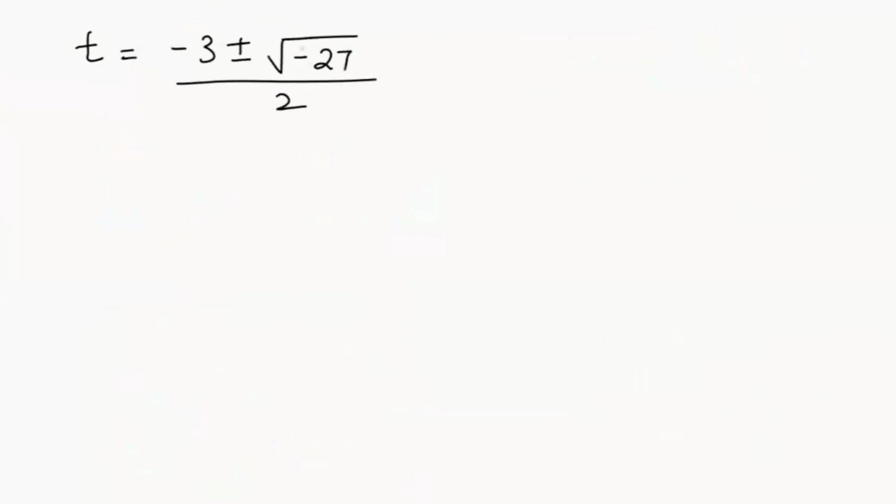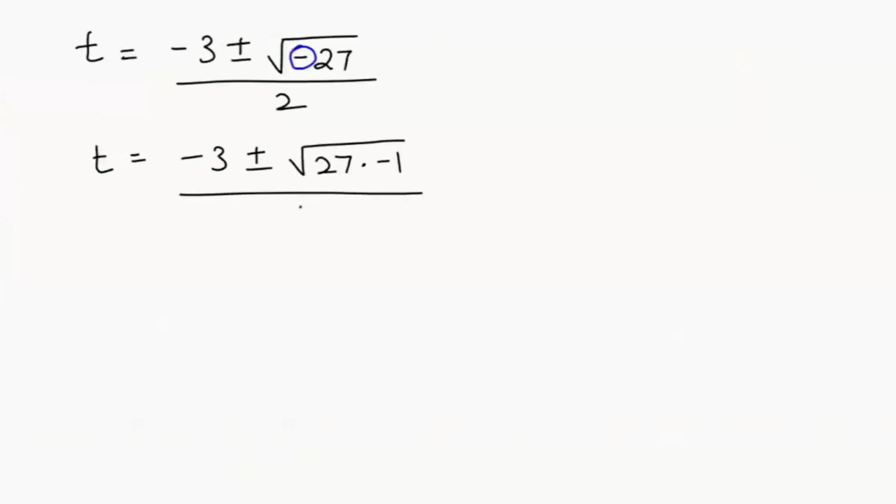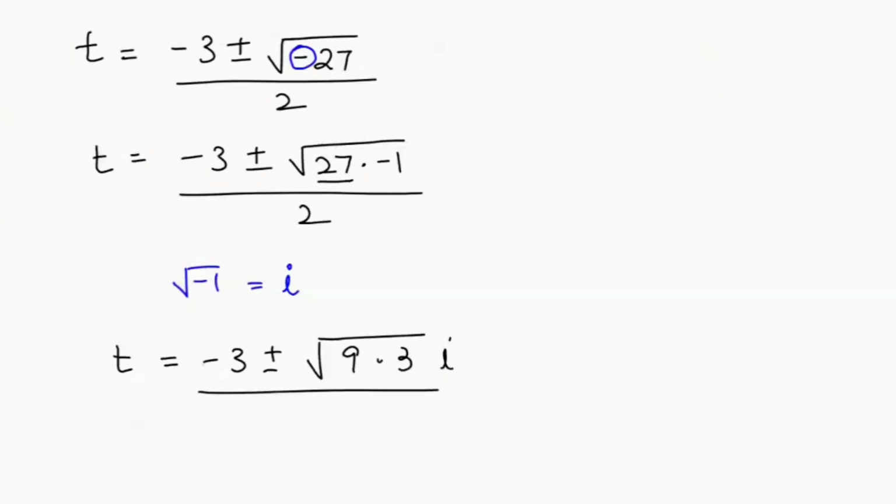Now I want to separate the negative sign from 27. So we get t equals minus 3 plus or minus root of 27 times negative 1 over 2. Now, as we know, root of negative 1 equals iota, the imaginary number. So we write t equals minus 3 plus or minus root of 9 times 3 iota over 2.